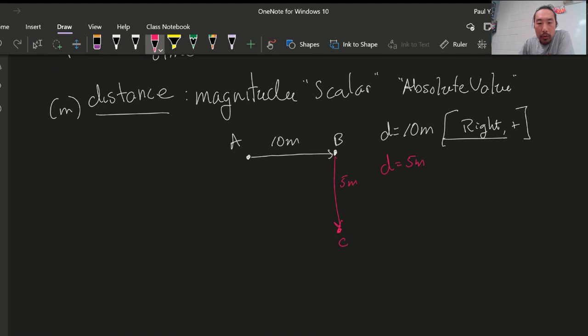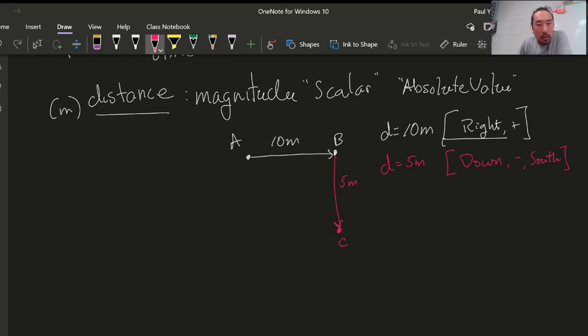Once again, what I am omitting is the fact that we went down, or another way to describe down would be with a negative symbol, or south. The things that I'm putting in the brackets are what we call direction, and that links to the definition of magnitude or scalar.